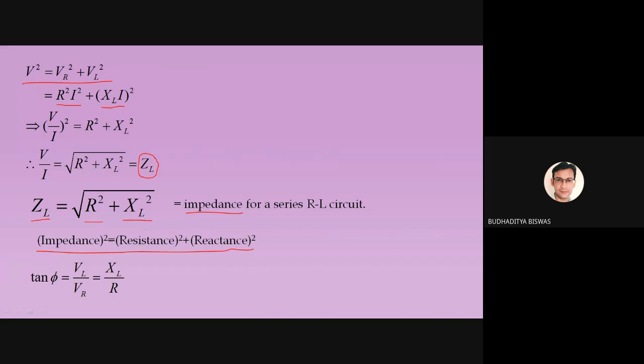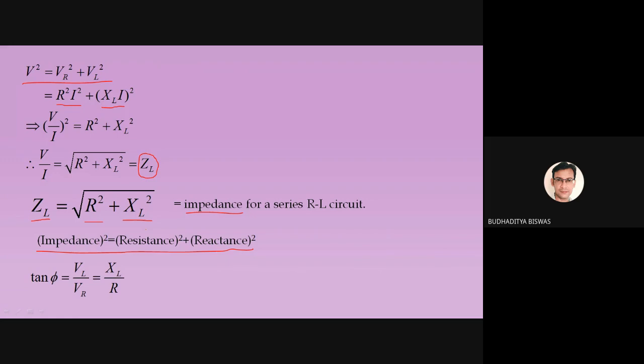Resistance consumes the energy from the energy source, like a voltage source or current source, and converts it to heat. Reactance does not convert it to heat; it consumes the energy and stores it either in electromagnetic form or in electrostatic form. Got the difference? Resistance consumes electrical energy and converts it to heat; it is not able to store the energy. But reactance is responsible for storing the energy.